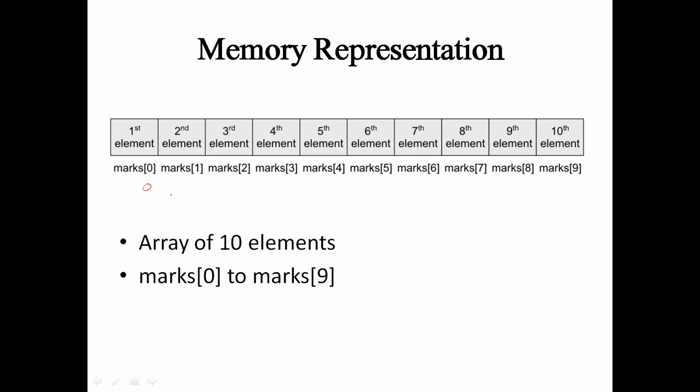So first element marks[0], second element marks[1], third element marks[2], and the last element marks[9]. For an array of size 10, the last element would be marks[9]. The last element would be placed at index number 9.